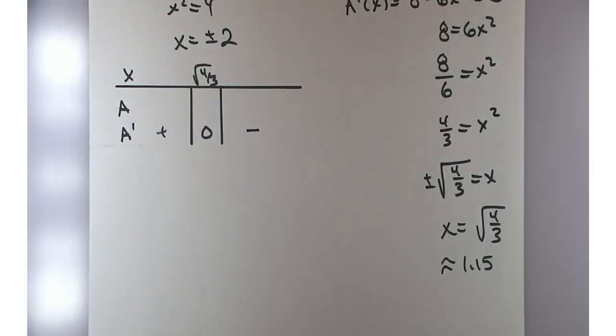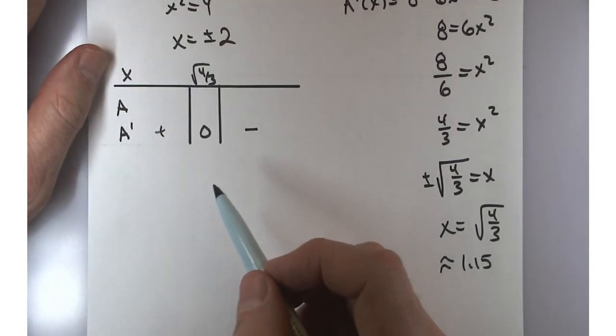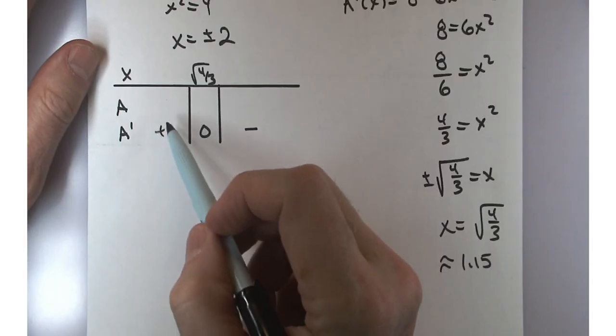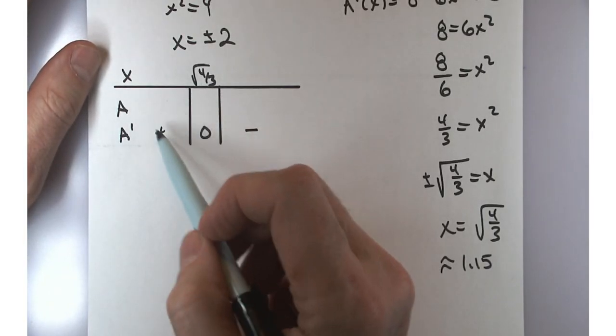Thank you, Christian. John, what's that telling me about my function that I need to know? What's the function doing to the left of root 4/3 based on the derivative here?